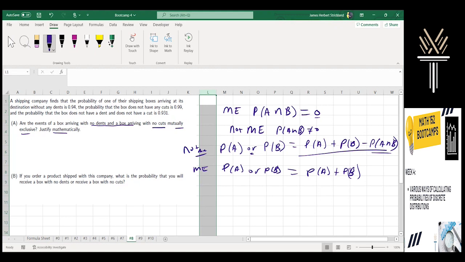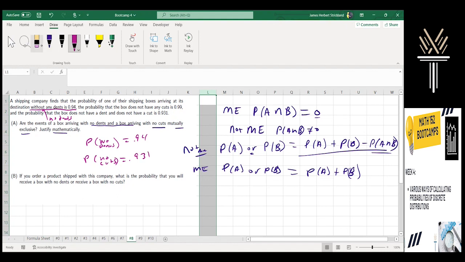And so now let's think about what's being told to us. We have the probability of having no dents, right? So the probability of no dents, that is 0.94. And the probability of no cuts, that's 0.931.